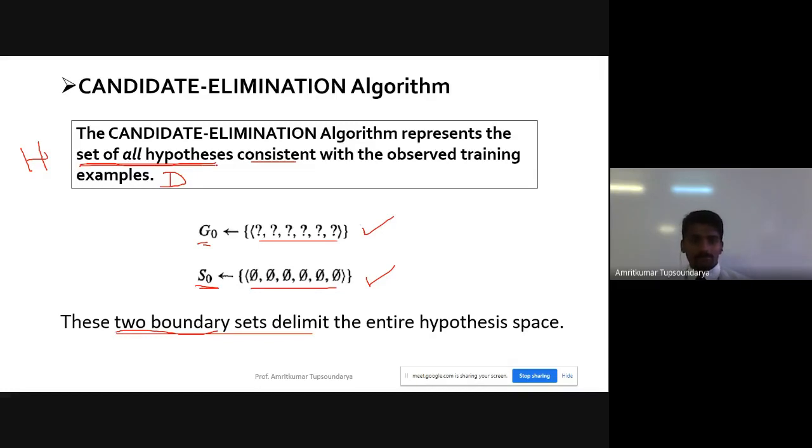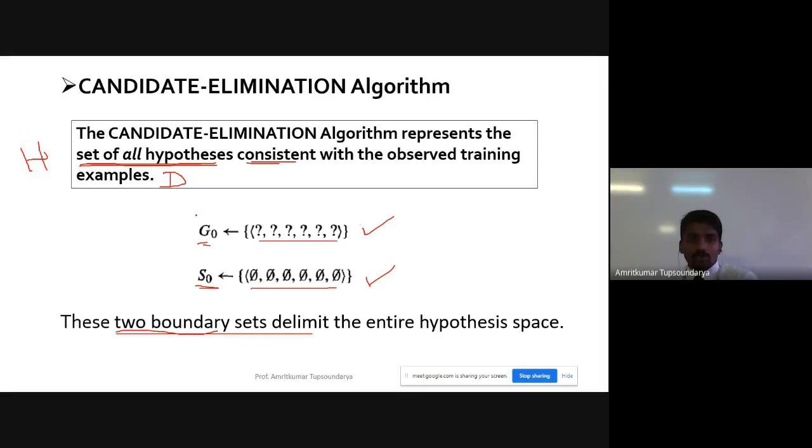Find-S algorithm gives us only one hypothesis, or it guarantees only one hypothesis at the output. But the candidate elimination algorithm gives us the set of all hypotheses which are consistent with the observed training examples, right? The observed training examples are nothing but what we saw in our table. We had 4 examples, right? So those are our total number of observed training examples, denoted as capital D.